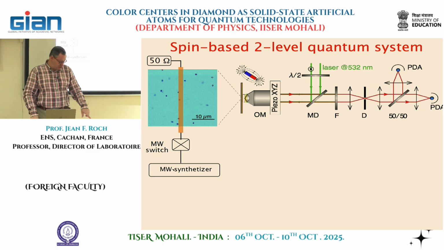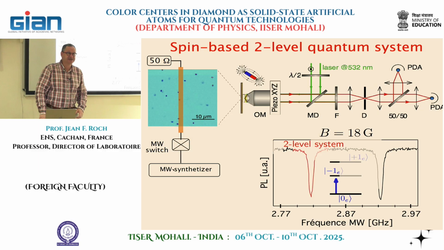And now you can add an external coil or a permanent magnet that will produce a small DC magnetic field that will split the levels of the NV centers.